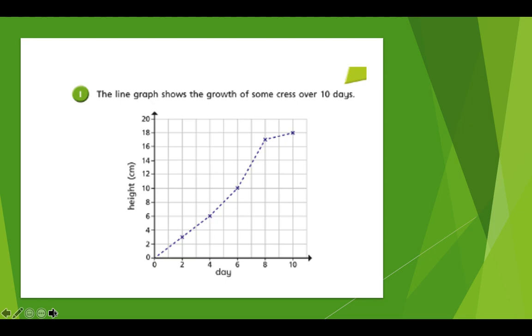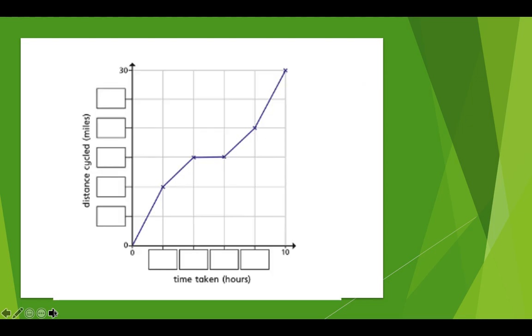There's also this one here, which you might go, oh my goodness, it says fill out the missing information. You go, well, how can I? I don't know anything about it. Well, you know this is the distance cycled in miles. This is 0 and this is 30. So what this question is actually asking you to do is figure out what the scale is, what do you have to count up in? So you can try.